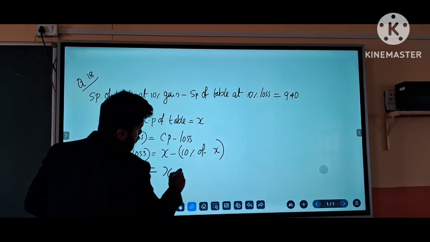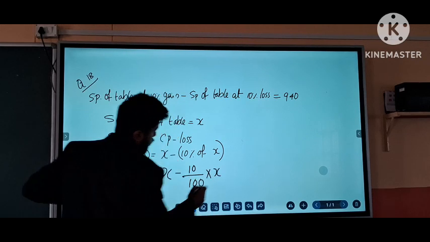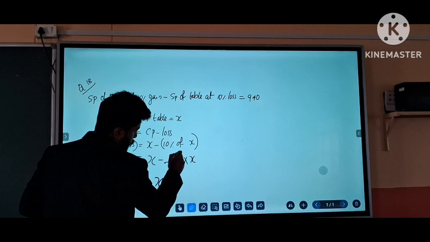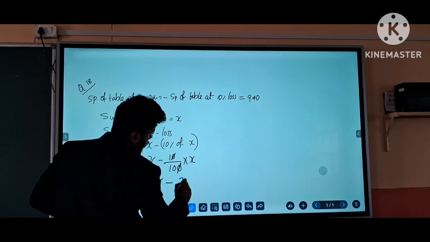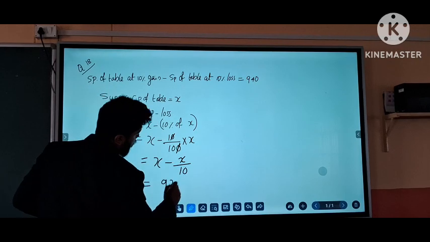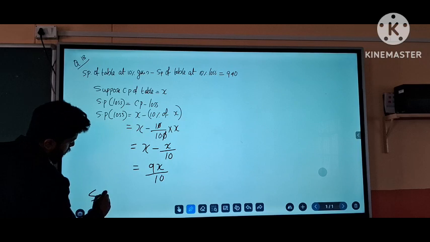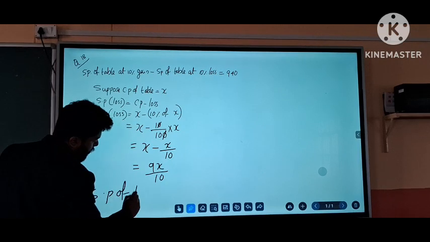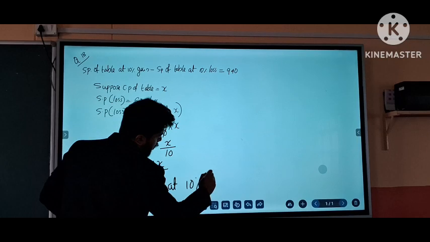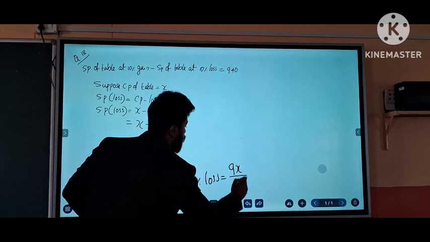That is X minus 10 by 100 into X, that is X minus X by 10, that is 9X by 10. So the selling price of the table at 10% loss is equal to 9X upon 10.